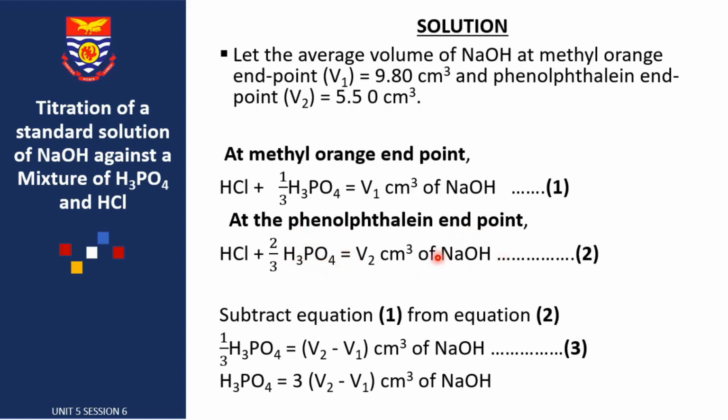So the volume of the base at this endpoint is the volume that was able to neutralize the whole of the hydrochloric acid and 2/3 of the phosphoric acid. Now, let's label this one as equation 2.